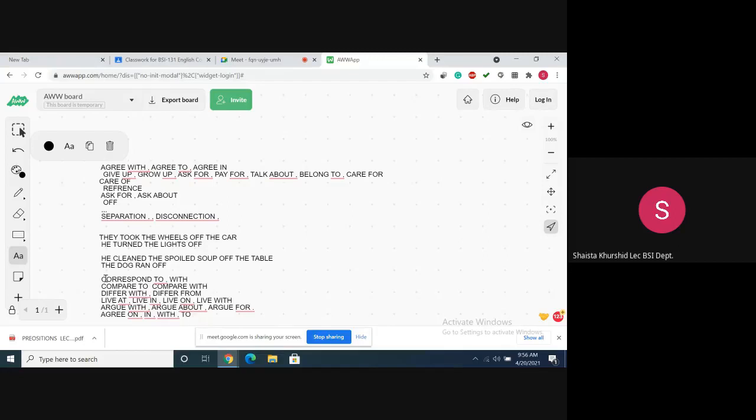Correspond to or correspond with, ठीक है, correspondence is actually when we talk or when we interact with people, so that is corresponding. So corresponding to a thing is, it's actually to correspond to a thing when we have correspondence with a thing, with a paper, or with a laptop or things like that.